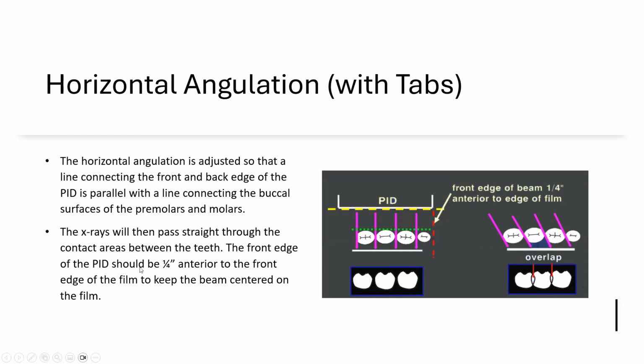The front edge of the PID should be 1/4 inch anterior to the front edge of the film to keep the beam centered on the film. If it is at an angle, overlapping will occur. I will explain to you how it occurs. This is how we take it, and then there won't be any overlapping of the contact area.